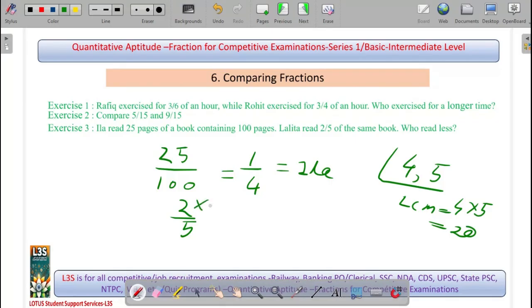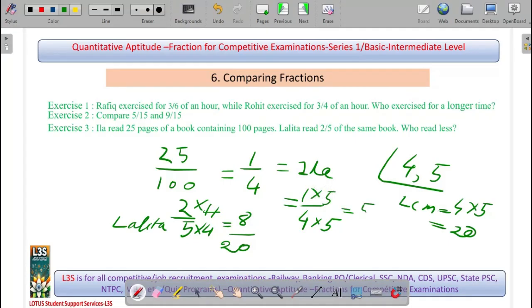For 2 by 5, we multiply 5 into 4 and 2 into 4, so 8 by 20. This is for Lalita. And for Ila, 1 by 4, we multiply by 5, so this will be 5 by 20.